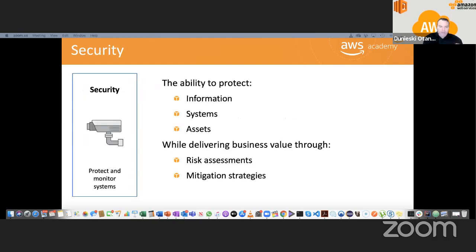Okay. Now the other one is security. So what are you going to secure in your architecture? You're going to secure your data, your information. You're going to secure your systems, your software, everything that has to do with your VPC, your network, your databases. Everything has to be secure, right?